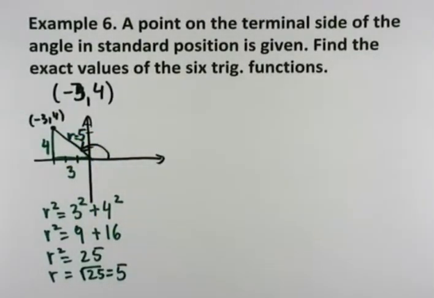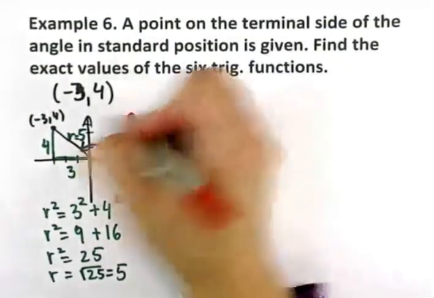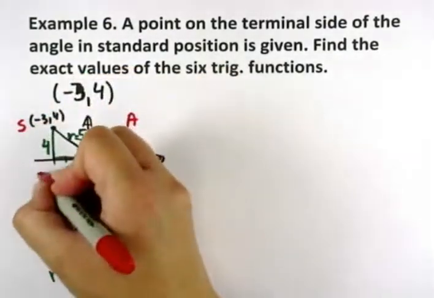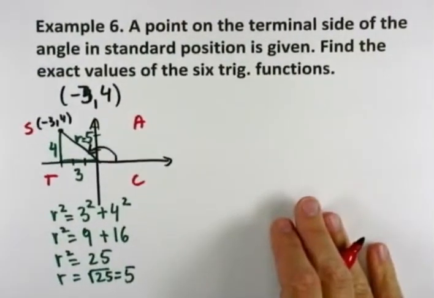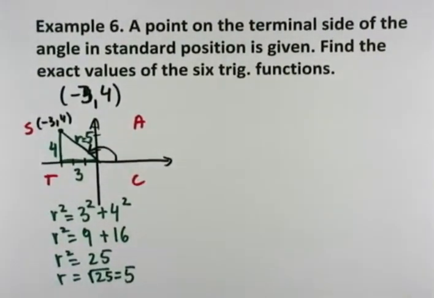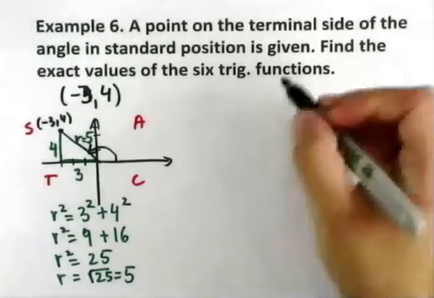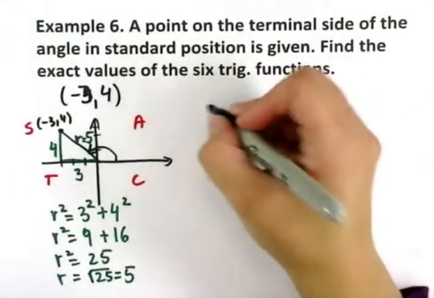And now we are in this quadrant. Now we are in the second quadrant. So if I take my add sugar to coffee, I have that only sine is positive in this quadrant. Okay, so 6 trigonometric functions.